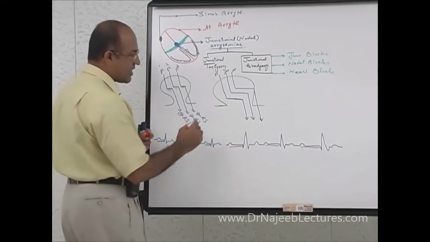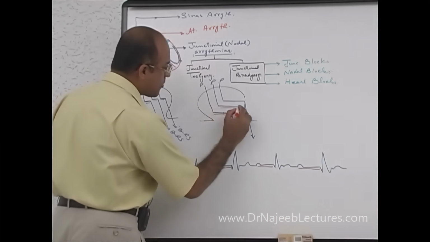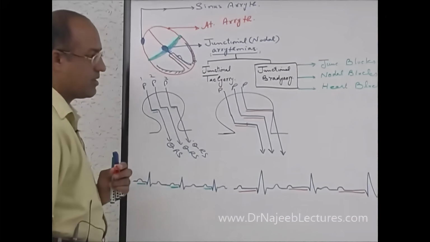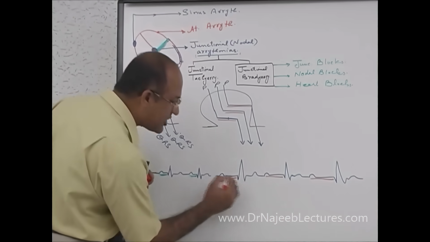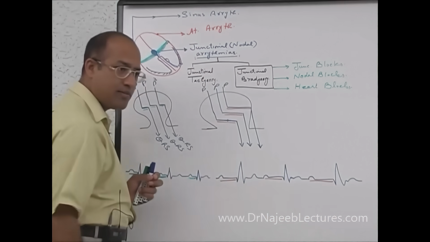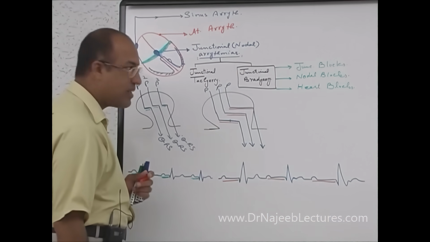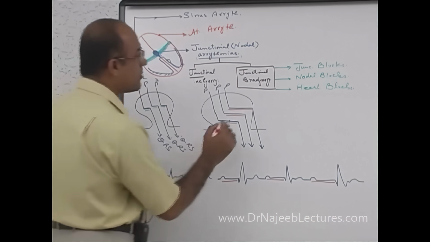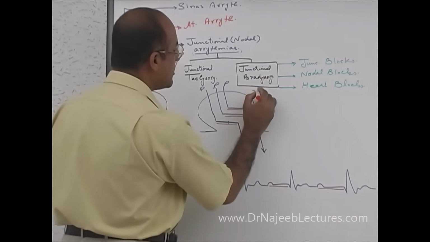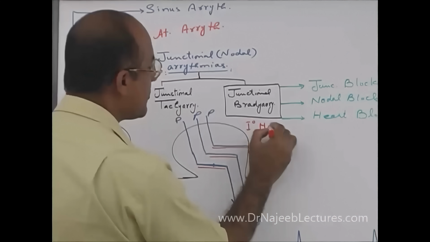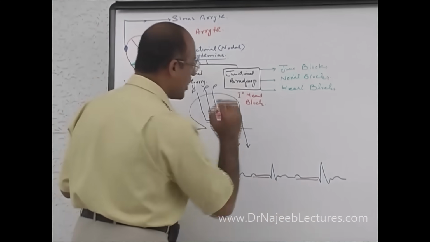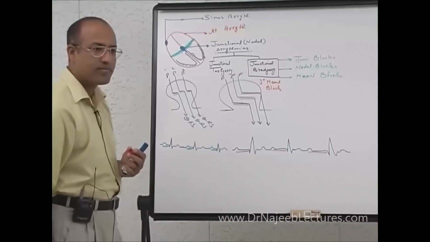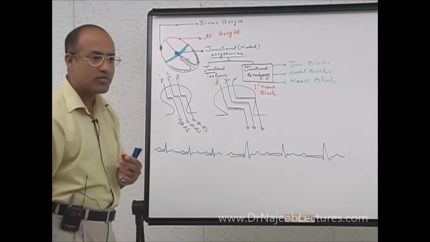So we say that here there was prolonged delay, and we will say that there is pathological prolongation of PR interval, and this type of problem is called first degree heart block, or first degree nodal block, or first degree junctional block, right?